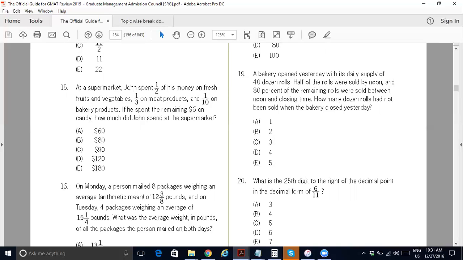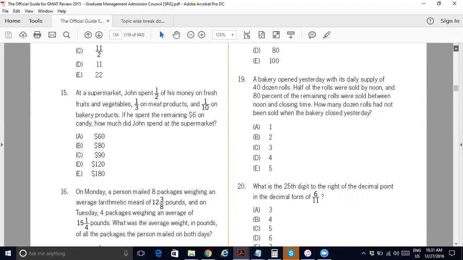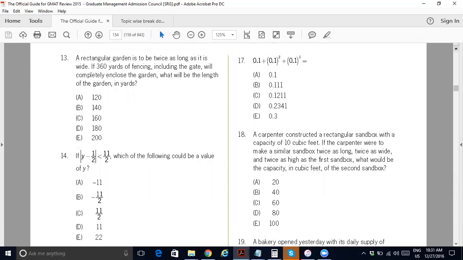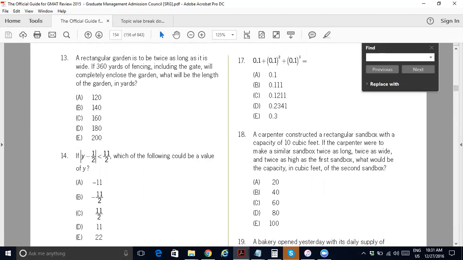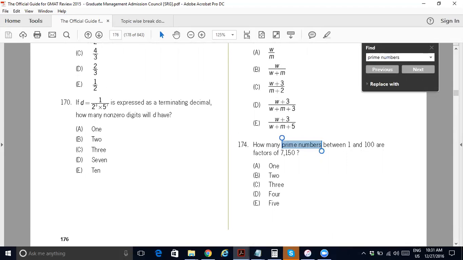It's the product of all prime numbers between 1 and 20, I think. Primes between 1 and 20, the product. That's the question.